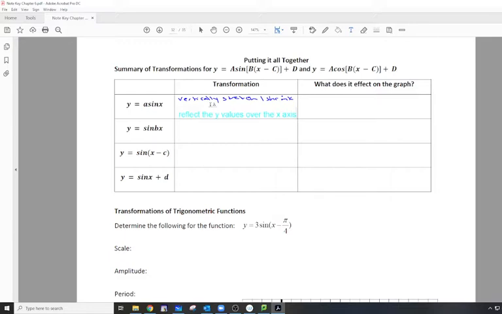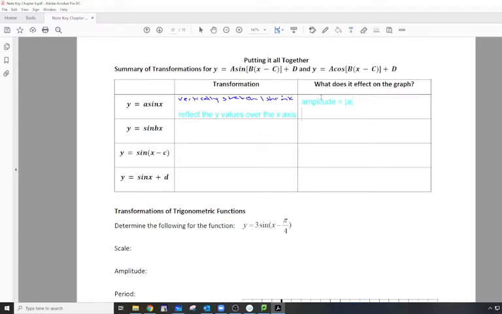Now, if you have those two things, what feature on a sinusoidal graph is it going to affect? Well, the A transformation starts with A, so it also affects amplitude. Amplitude equals the absolute value of A. What else?